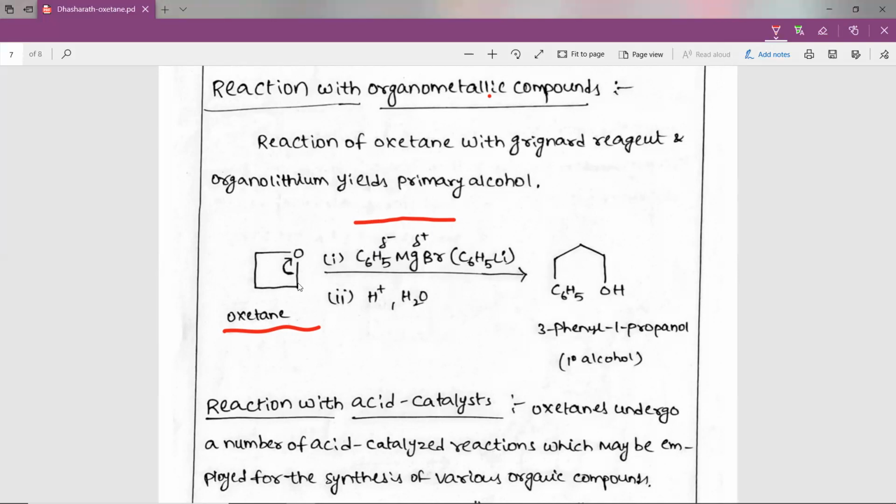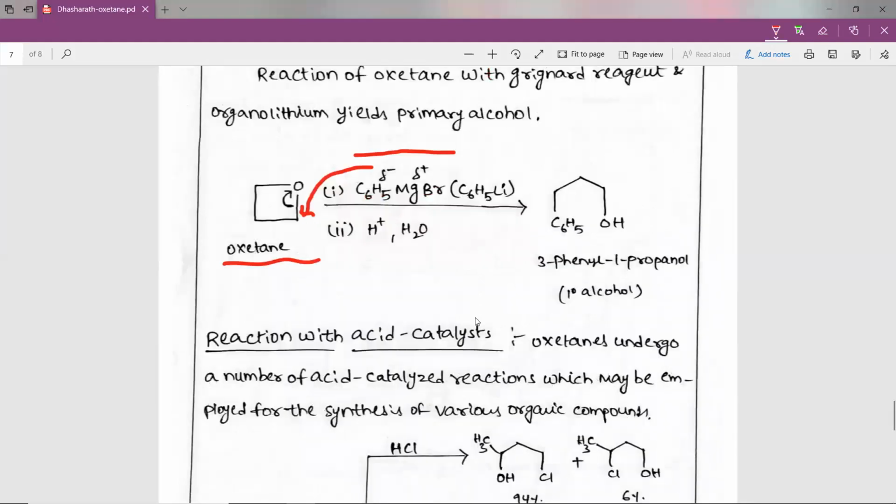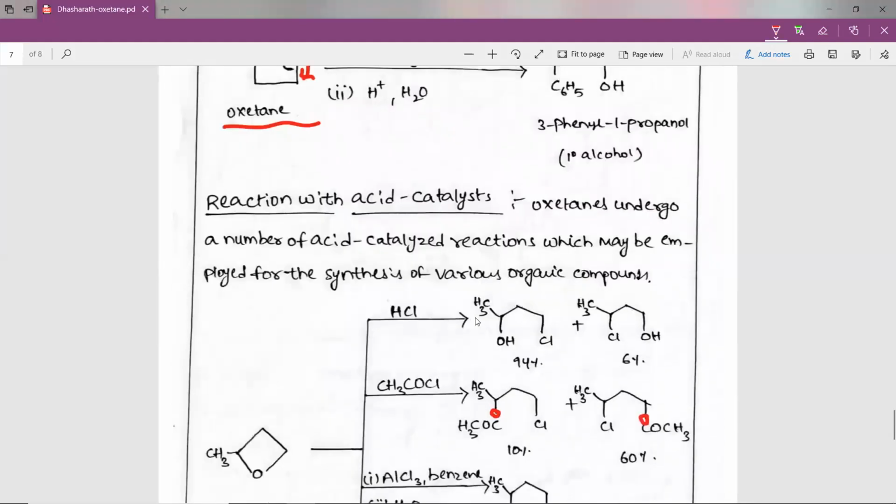It will attack this carbon, and this forms OMgBr, the magnesium salt, which after acid hydrolysis is converted into alcohol. This is a Grignard reaction, the reaction of Grignard reagents with oxetanes.